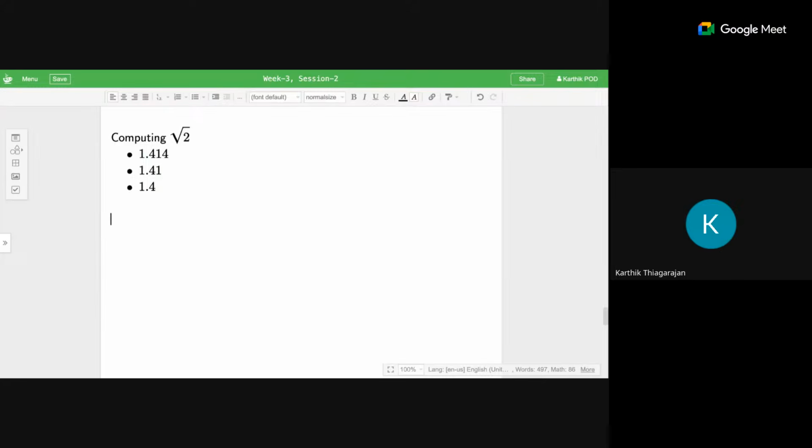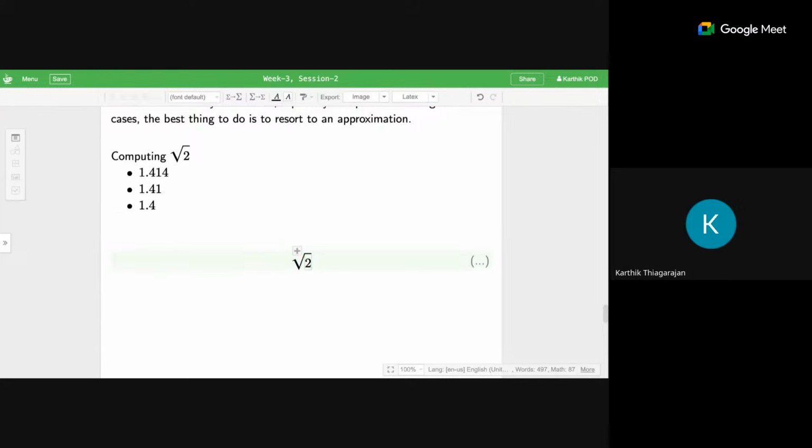So the idea is, I can't represent root 2 exactly, but I can approximate it. And the way I study the goodness of approximation is to compute the difference between the approximation I have and the true value.